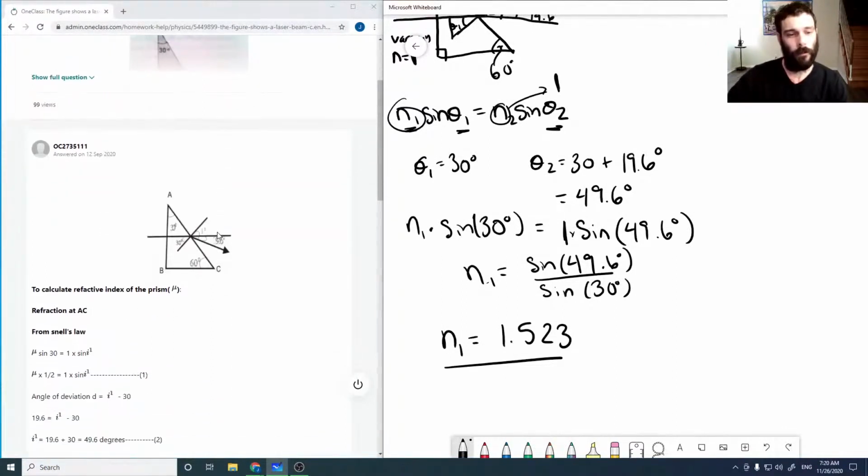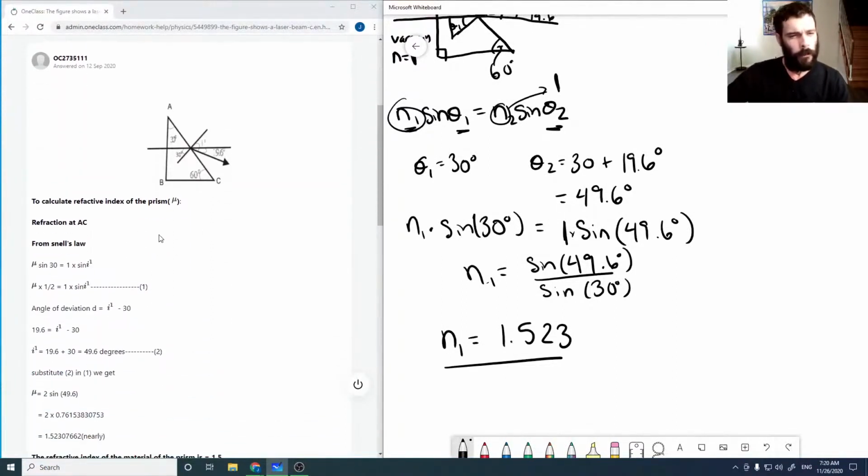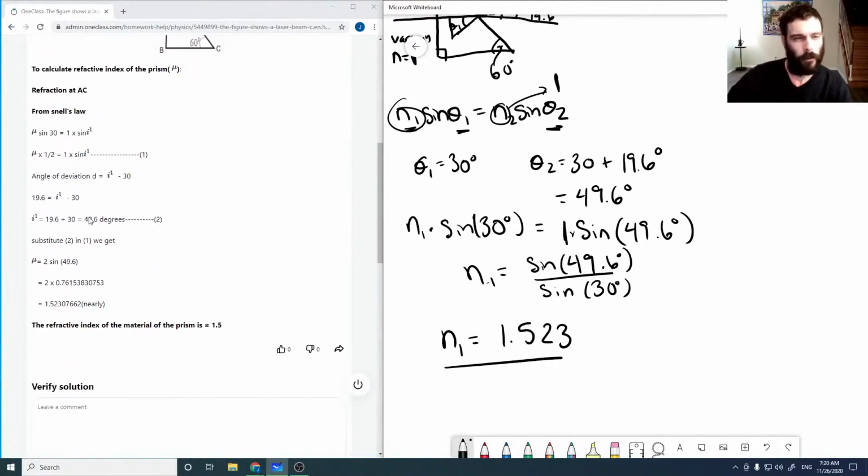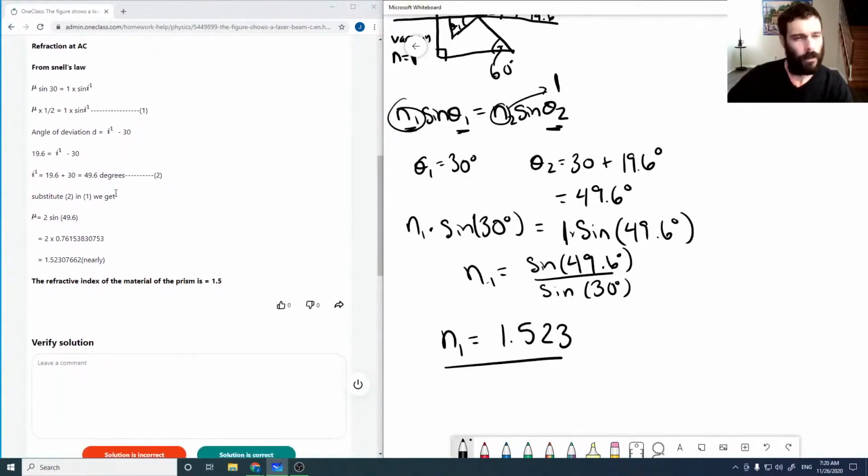Checking the solution here. Okay, so they've used mu as index, which is fine. You can use whatever you want to call it. Solving for angles. So that's just the summed angle there, 49.6.